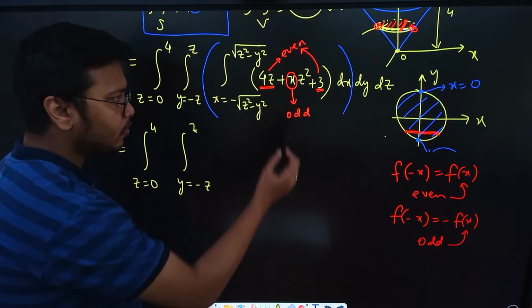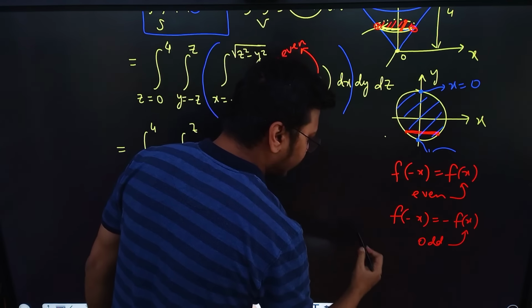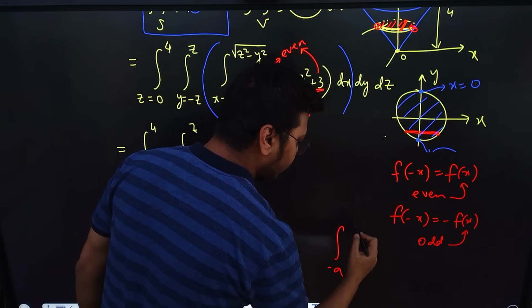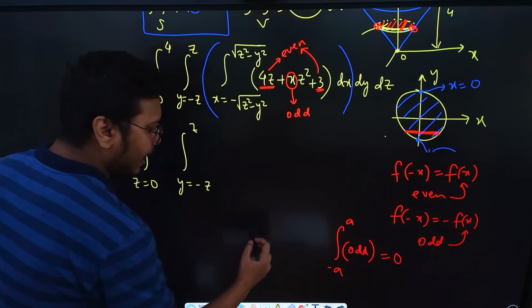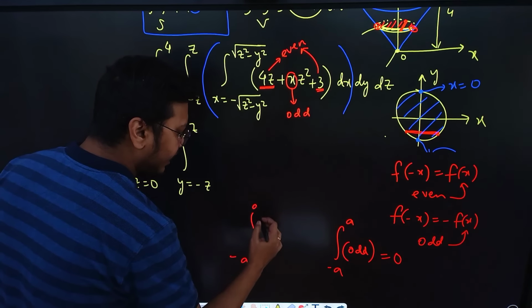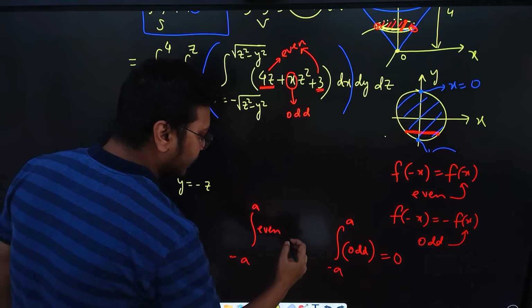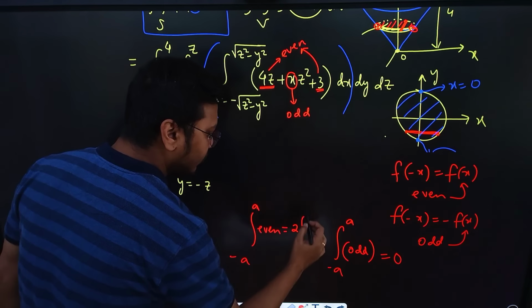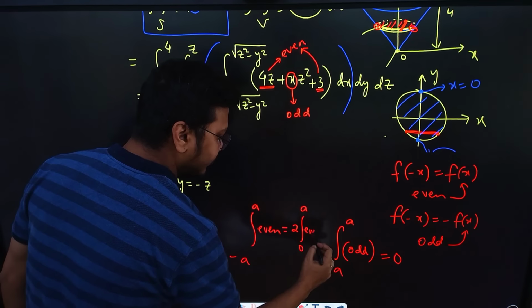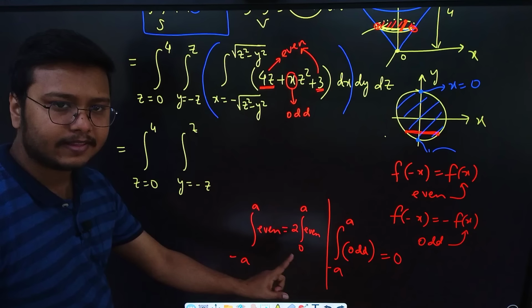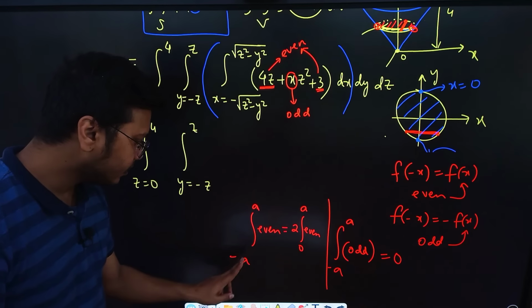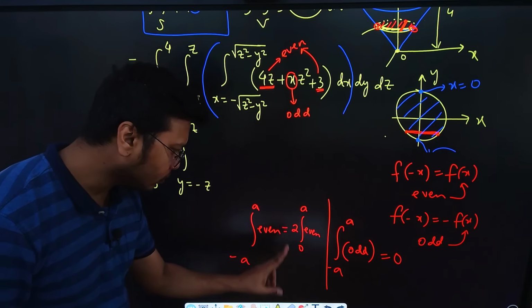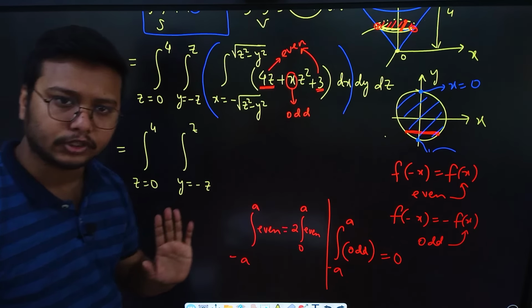And we know integration of an odd function from minus a to a, integration of any odd function, that's going to be 0, and from minus a to a, integration of an even function, that's going to be 2 times 0 to a, whatever function is there. So these were the properties. Integration from minus a to a of an odd function is 0, integration from minus a to a of an even function is 2 times 0 to a of whatever function is there.